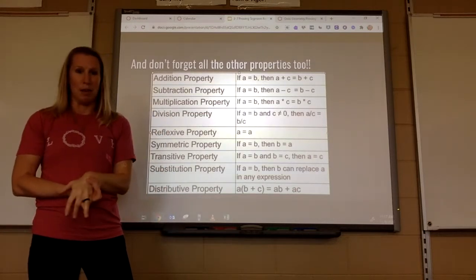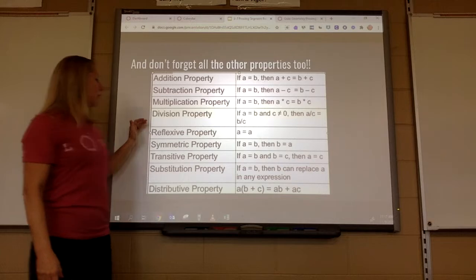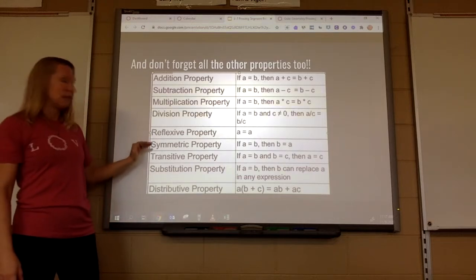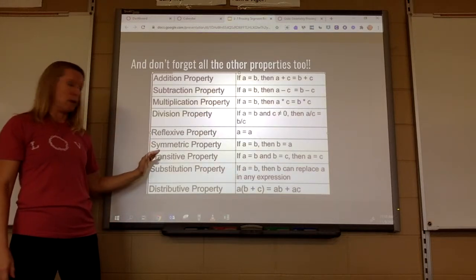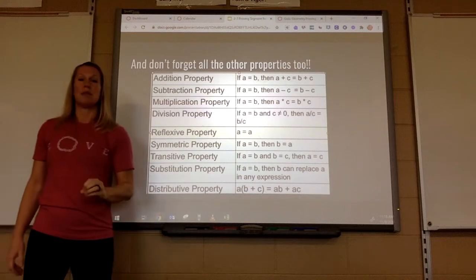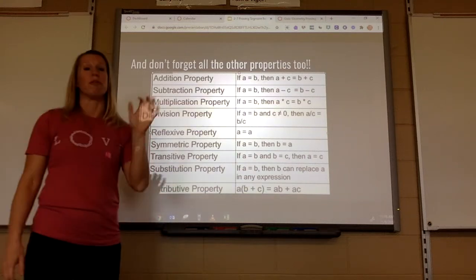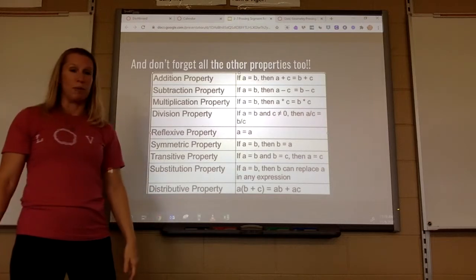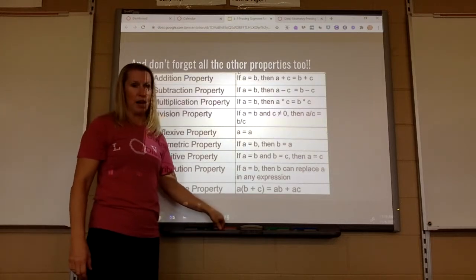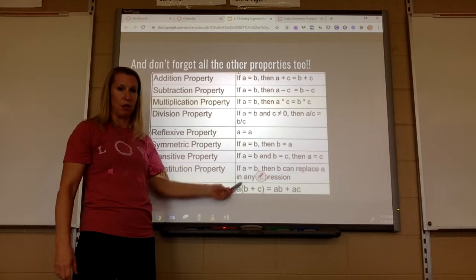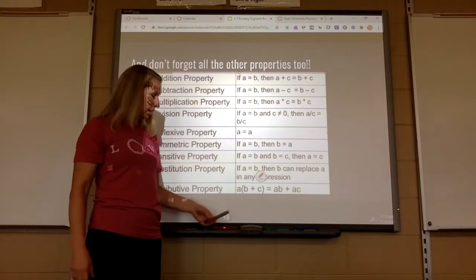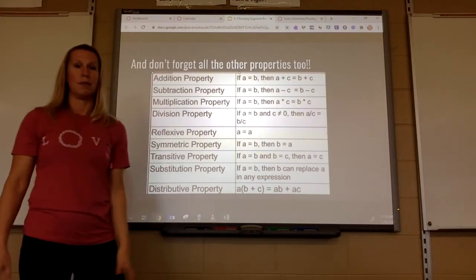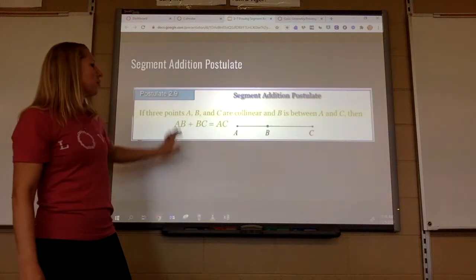Division when you're dividing on both sides. And then we talked about reflexive property already, symmetric property, and transitive property. Substitution property is when you replace something with something else. And then distributive property, you guys remember that, where you take that outside thing and you multiply it by both things inside the parentheses. So let's do a couple of examples.